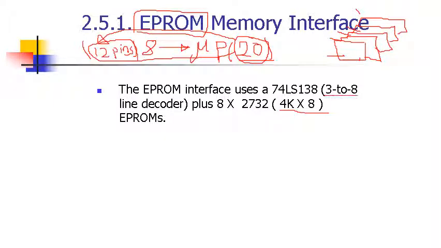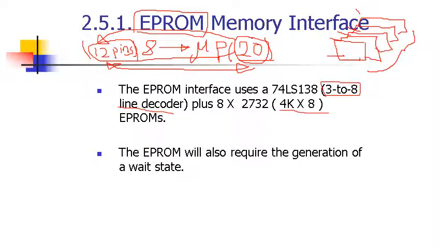Each memory chip is 4K by 8, and we have 8 of them. This is why we're going to use a 3 to 8 line decoder. We're going to use 3 of these extra bits to select among these 8 different chips.